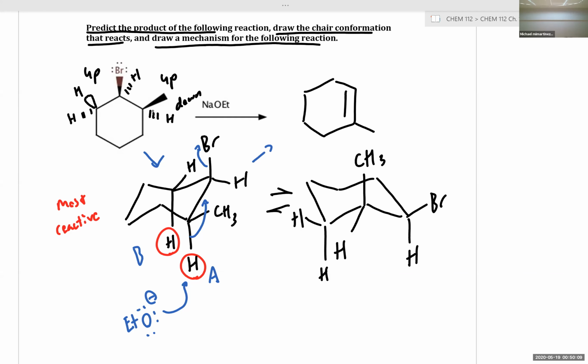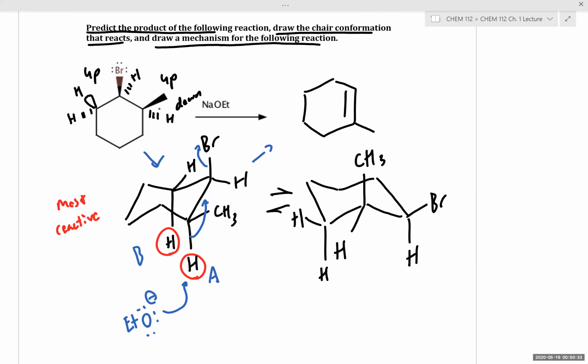If you're looking at dash wedge, if the bromine and the hydrogen have opposite stereochemistries on adjacent carbons, then they're trans to each other. You have to draw out the chair conformation just to verify that the diaxial conformation is in fact accessible. Does that make sense?